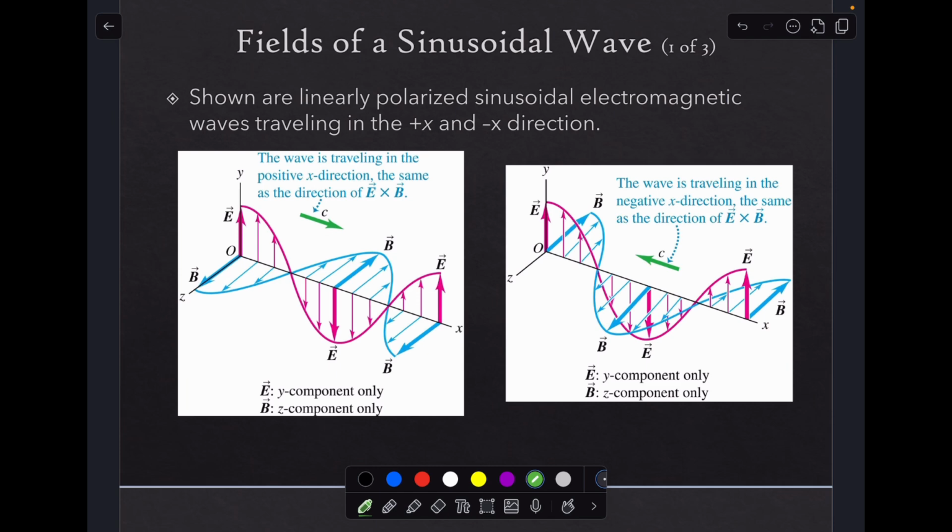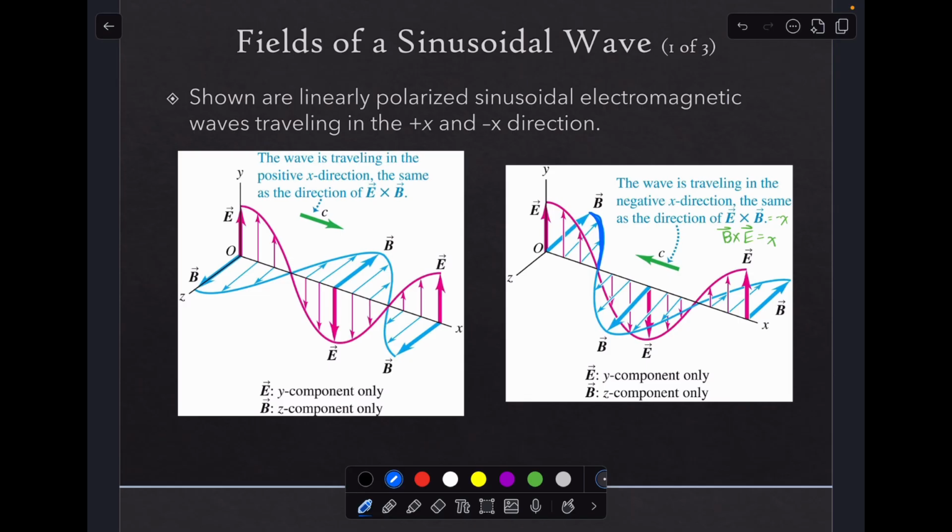If this E and M wave is traveling in the positive X direction, that means the vector E cross B would be pointing in the positive X. And if this wave instead was traveling in the negative X direction, well, then E cross B would need to be equal to negative X. And that's the same as saying B cross E would equal positive X, and E cross B would equal negative X. Okay, so if you were to flip them, and that's why you see their positions change, you can see the B field is ahead, if you will, right?